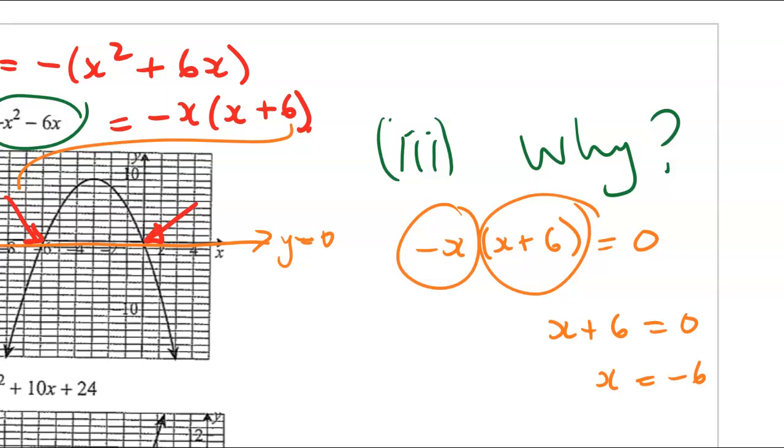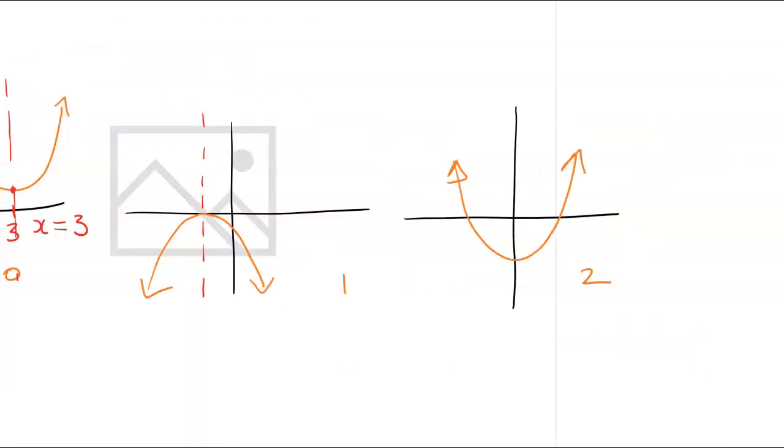Or x, this number has to be 0, which means x is 0. And that's where we get those 2 x-intercepts. So just highlighting that for you more formally, like I said, we'll look at that next week. So for those of you that did that challenge, that's the reason why that works in the way it does.